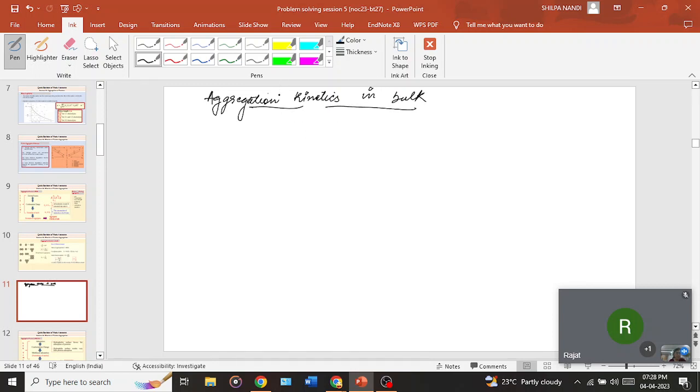So what happens is, one molecule plus another gives this particular, and this is our K1, and similarly it can be K12 if this goes on to create another. So pardon my diagram.